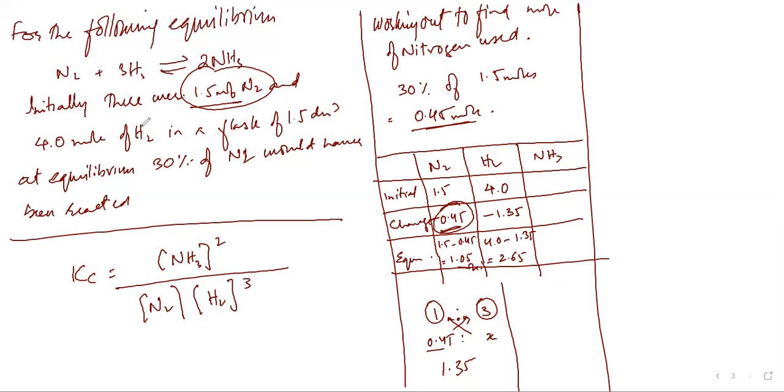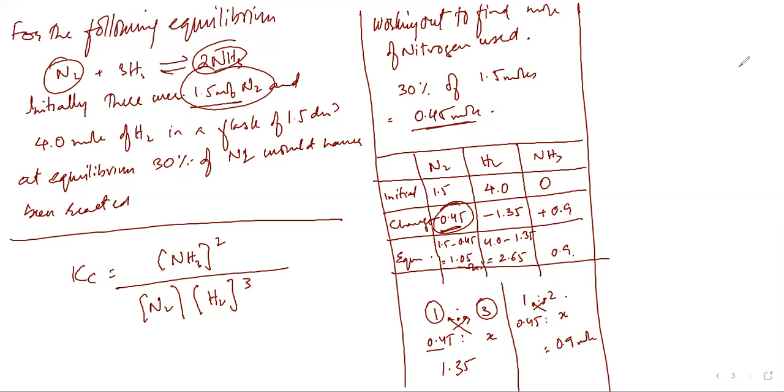So I can look at the equation: 1 mole of this, 2 moles of that. So 0.45 moles of this is to X. How much would this be? This would be double of this, 0.9 moles of this. So this was 0 plus 0.9, so this remains 0.9.